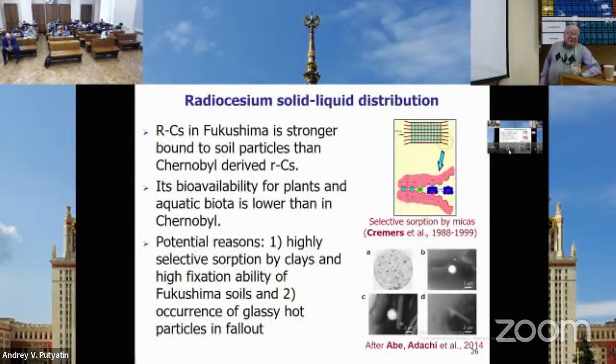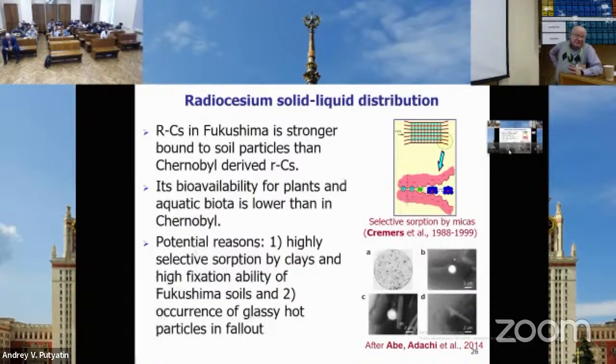Okay, radiocesium in Fukushima, we found, is more strongly bound to soil particles than Chernobyl-derived radiocesium. Its bioavailability for plants and aquatic biota is lower than in Chernobyl. So we think this is because of two reasons. First, highly selective sorption by clays and high fixation ability of Fukushima soils.